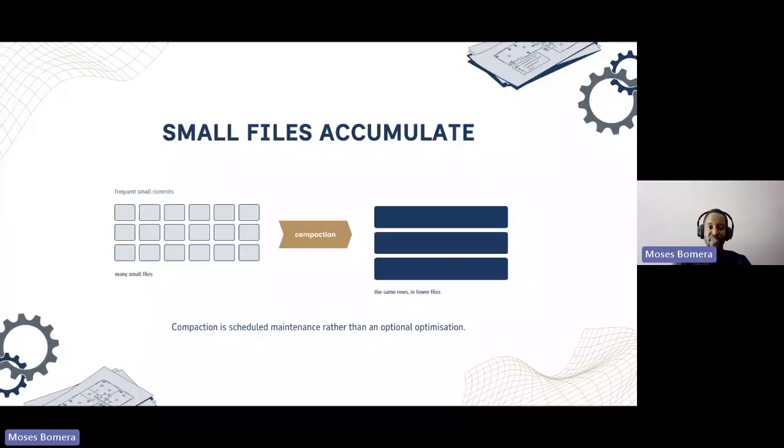But if you're doing lots of small commits that are also very frequent, then you have very many small files, and this introduces its own inefficiencies. To manage that, you'd need some maintenance where you combine these files and make them bigger so they can be easily managed.